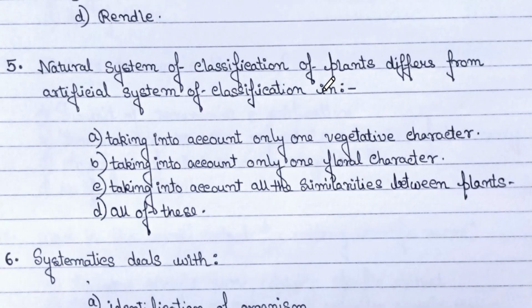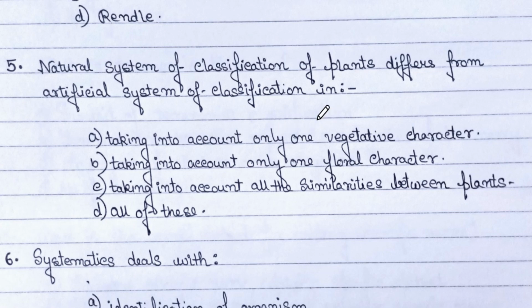Now our next question is, this is a very important question. Natural system of classification of plants differs from artificial system of classification in. मतलब कौन से ऑप्शंस के वजह से natural system of classification of plant is different from artificial system.